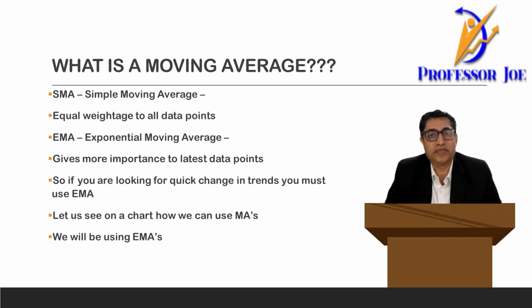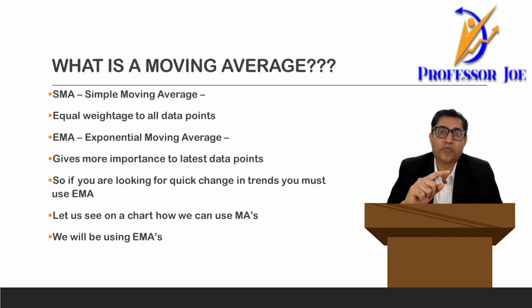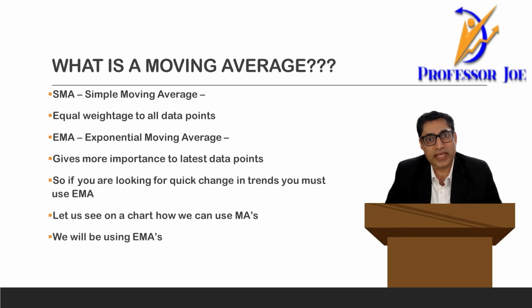For example, if the moving average is slowly going upward and one candle falls down quickly, the moving average will quickly turn its direction. Whereas SMA is giving equal weightage to all the candles, so it might take a couple more candles before it changes its direction. So for quick movements, you can use EMA, that is, exponential moving average.